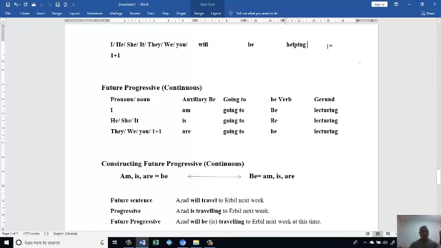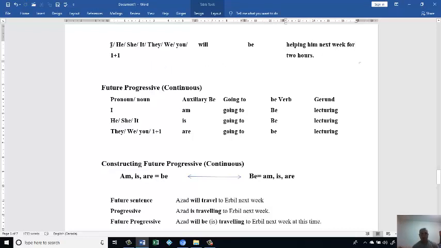Then I know when the helping will take place, next week, and then maybe for 2 hours. Okay? Here we know the helping will last 2 hours and will take place next week.